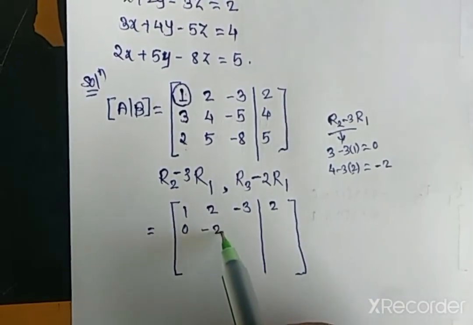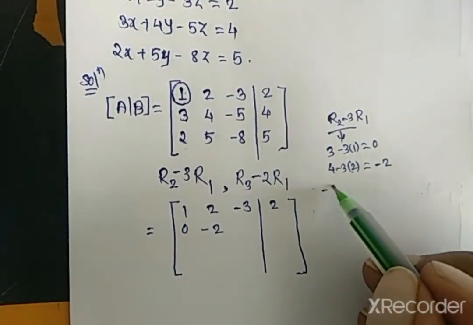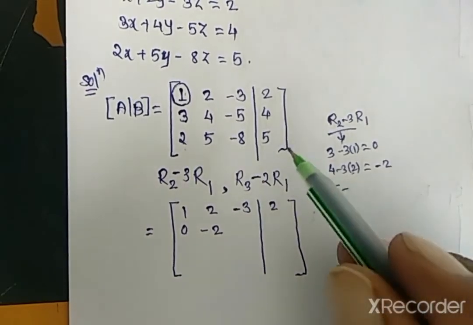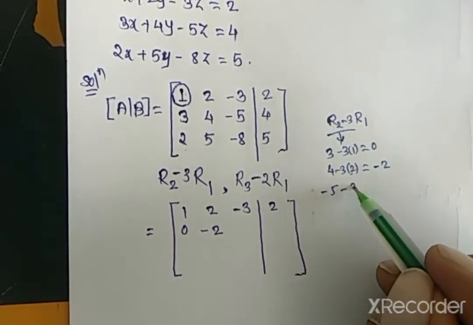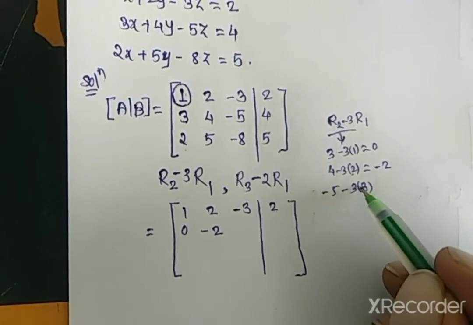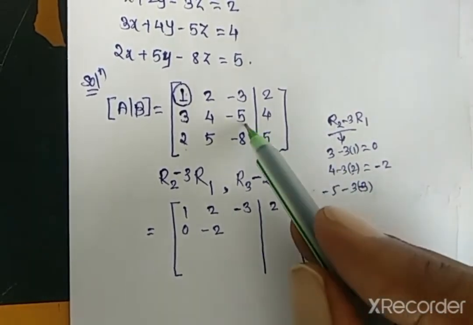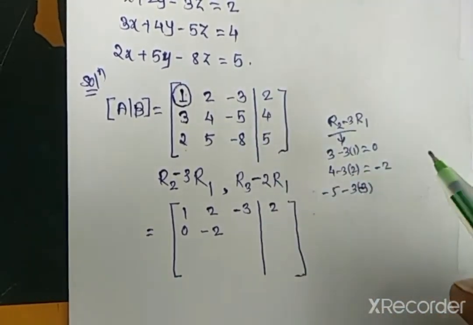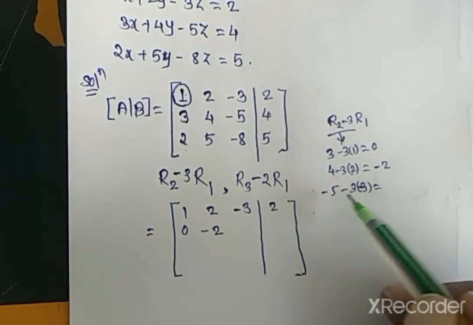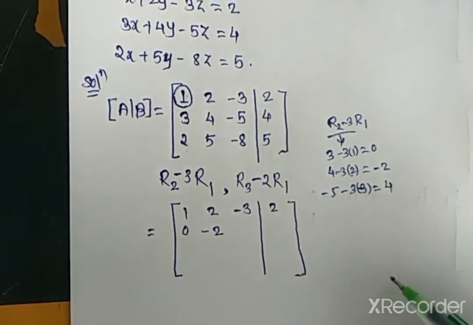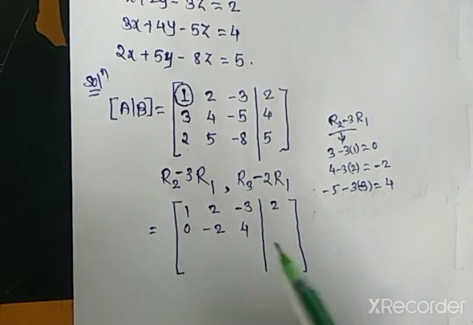Next, minus 5 minus 3 into minus 3, which is minus 5 plus 9, which is 4. So it is 4.